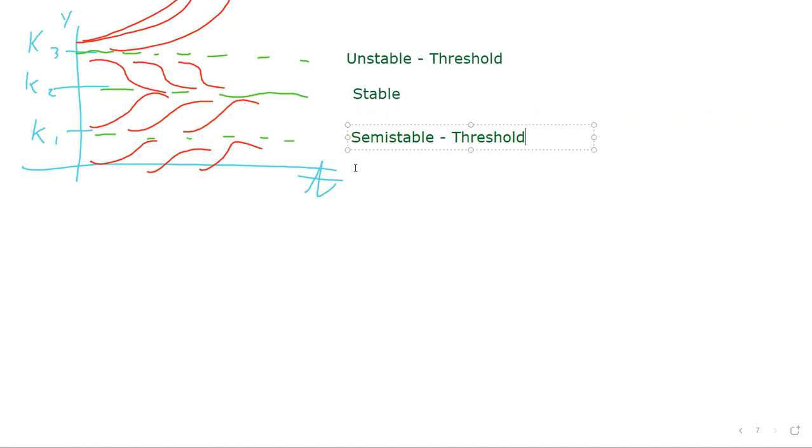And we are going to also include y equals 0 as being unstable. And that would also make it a threshold. Even though we're not looking at what's happening below it, we don't care, but nothing's going towards it. And if it's not stable, it's a threshold.